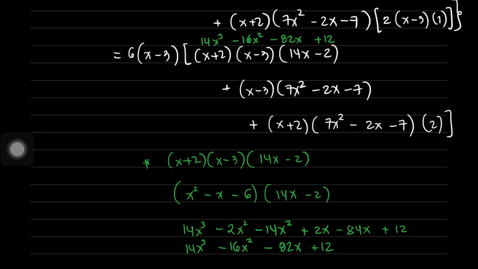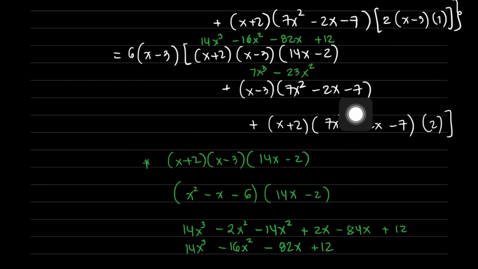Okay? So for the expansion of this one, we have x times 7x squared, so that will give us 7x cubed, negative 3 times 7x squared, so that will give us negative 21x squared. X times negative 2x, negative 2x squared, so negative 21x squared minus 2x squared, that will give us negative 23x squared.